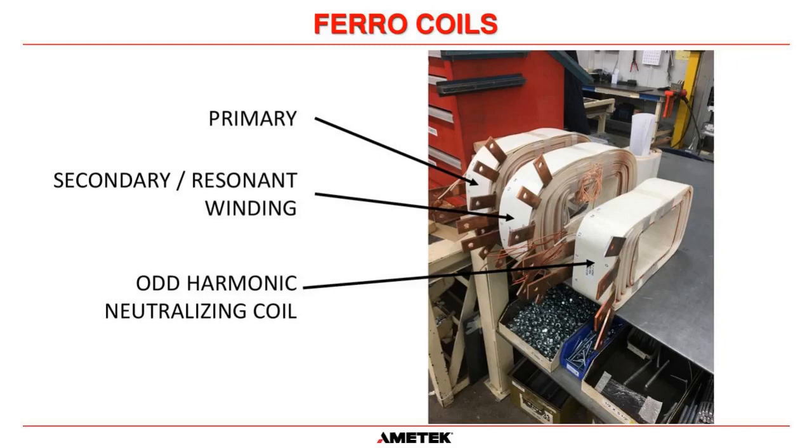On the far left, there's the primary and there's a secondary. And then the third coil will be what we call a harmonic neutralizing coil. It's what gives us our 2% total harmonic distortion spec.